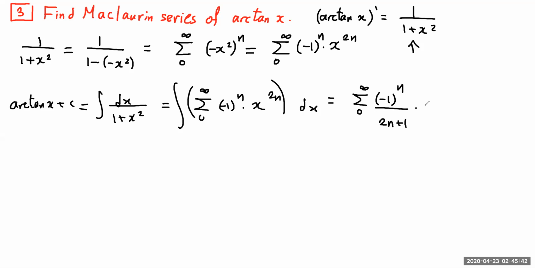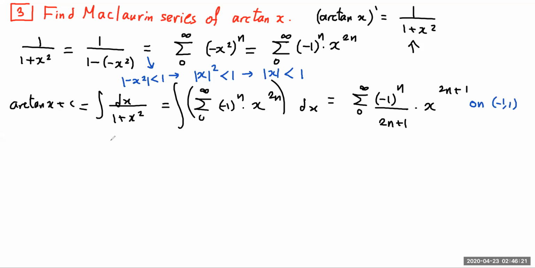Remember that this step is correct when the absolute value of -x^2 is less than 1. This gives the absolute value of x squared less than 1, so the absolute value of x less than 1. So this is correct on the interval -1 to 1.